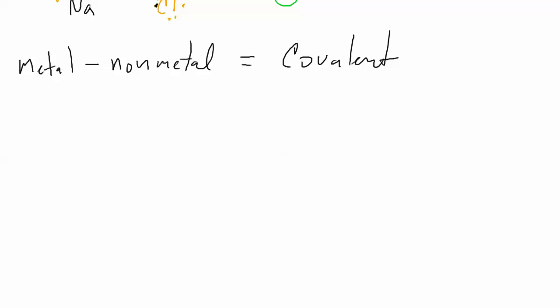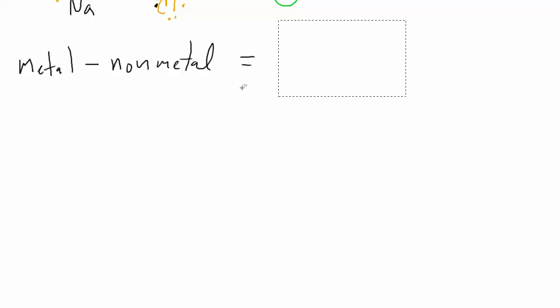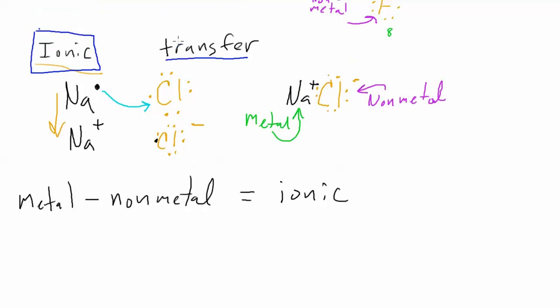Here, let me erase that really quickly. Even teachers can make mistakes sometimes. So, okay, metal with a nonmetal is ionic bonding. Metal with a nonmetal, that's ionic bonding.